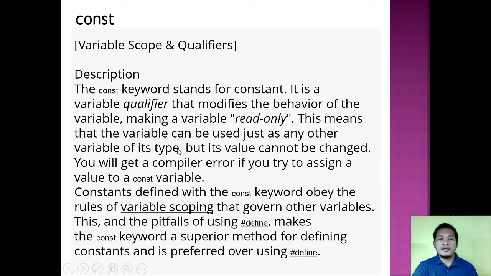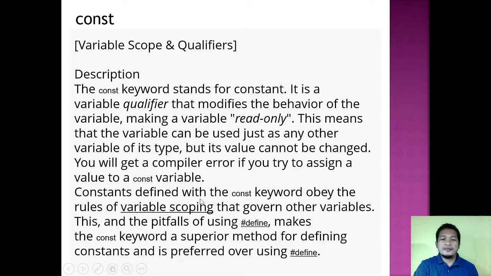This means the variable can be used just like any other variable of its type, but its value cannot be changed. You will get a compiler error if you try to assign a value to a const variable.